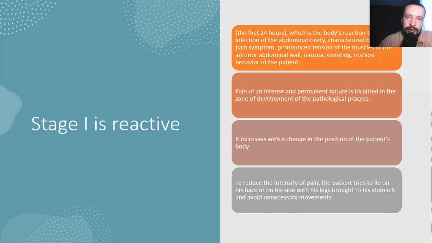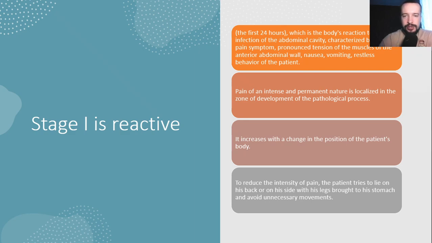Stage 1 is reactive. It is the first 24 hours, which is the body's reaction to infection of the abdominal cavity, characterized by a sharp pain symptom, pronounced tension of the muscles of the anterior abdominal wall, nausea, vomiting, restless behavior of the patient. Pain of an intense and permanent nature is localized in the zone of development of the pathological process.